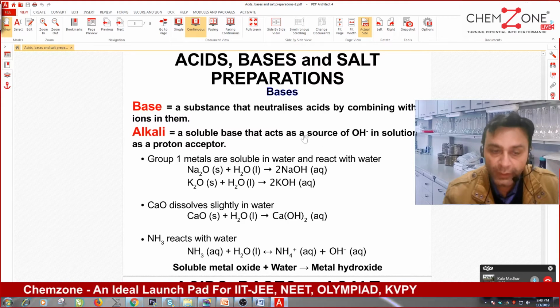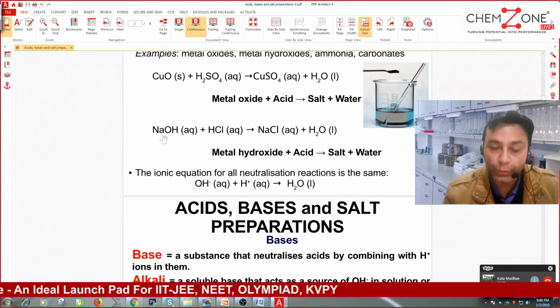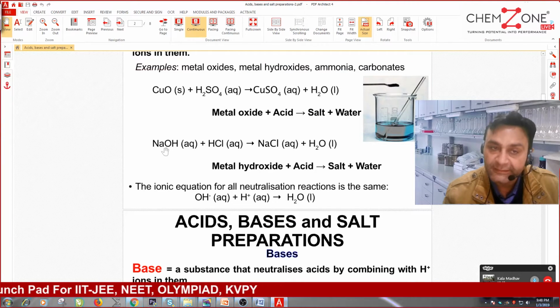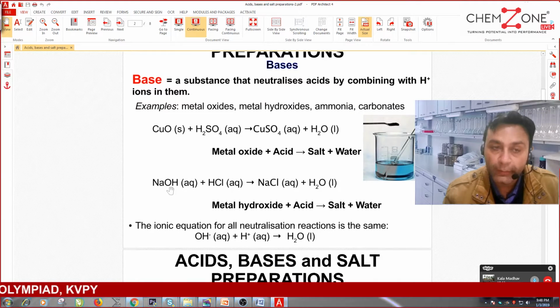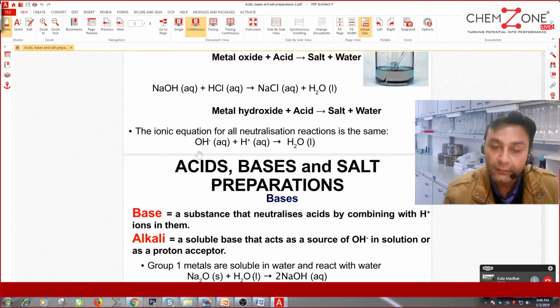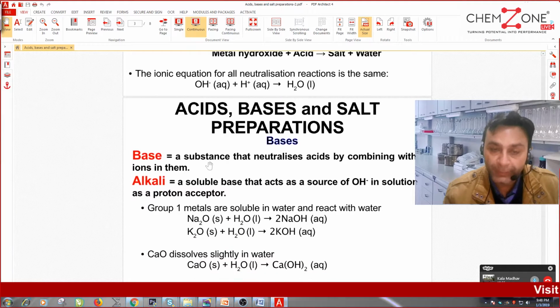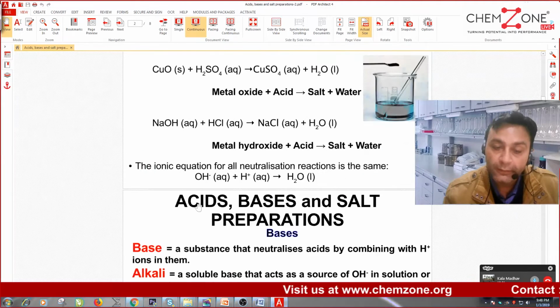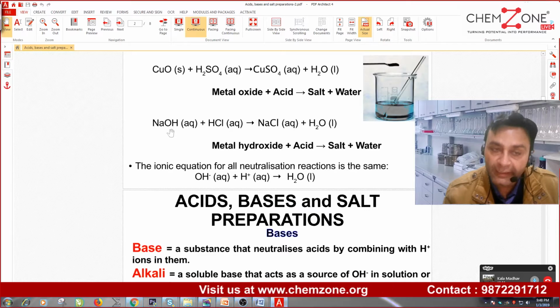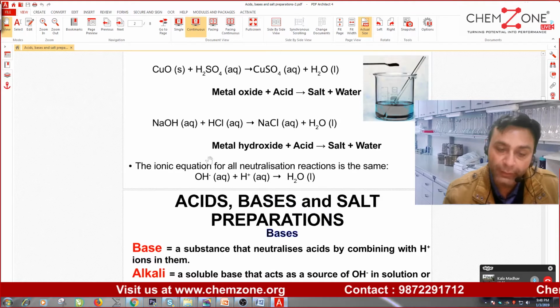So in this case, sodium hydroxide is a base, and copper oxide is a base. Alkali is the one which is a source of OH ions. So sodium hydroxide is an alkali and copper oxide is a base.